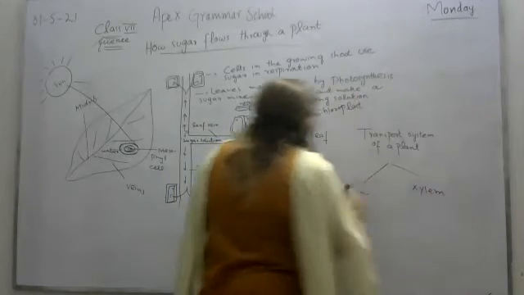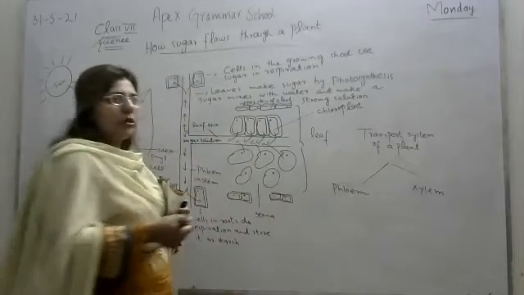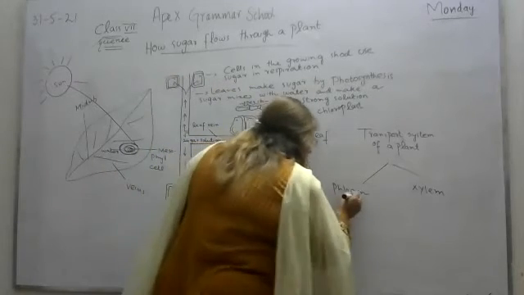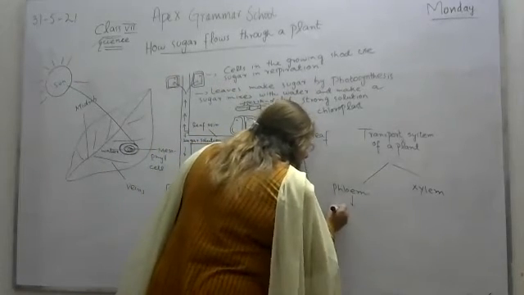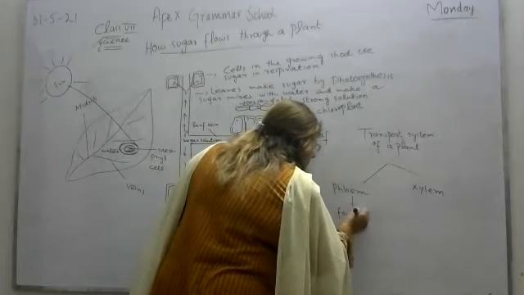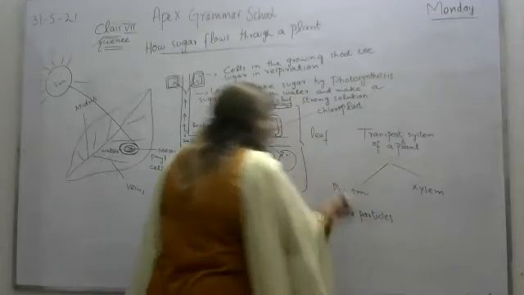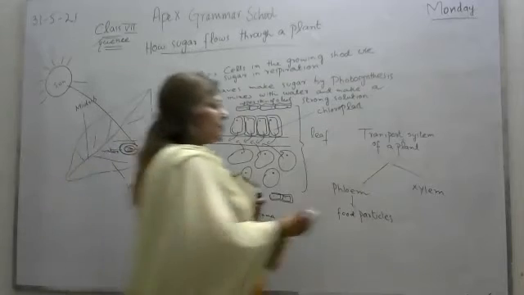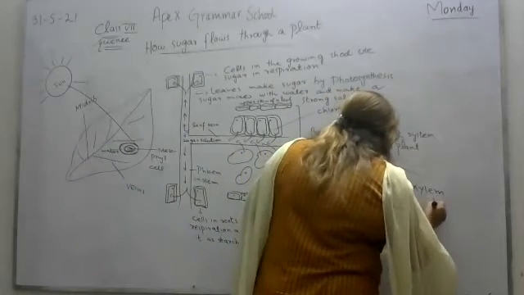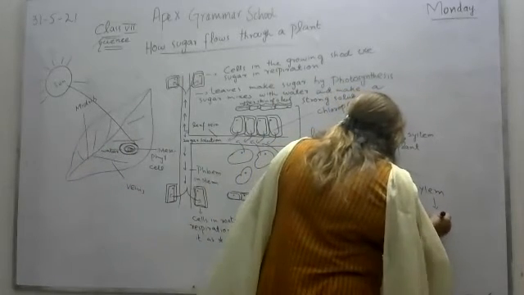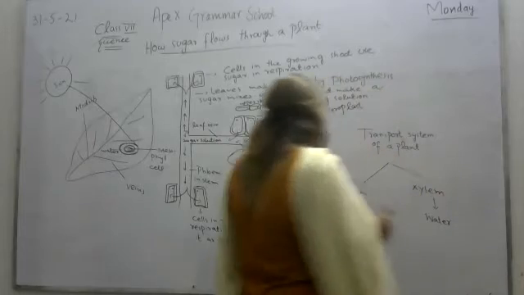So what is phloem? Phloem is responsible for taking food particles to all parts of a plant, as xylem is responsible for taking water and minerals to all parts of the plant.